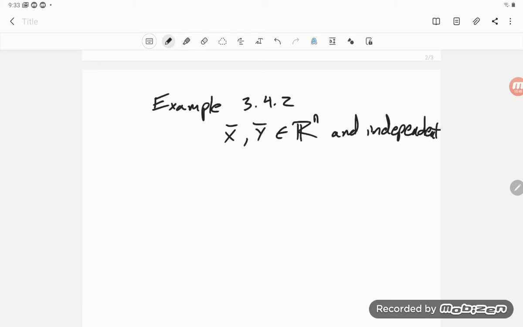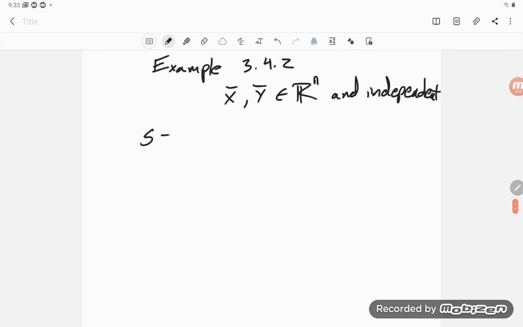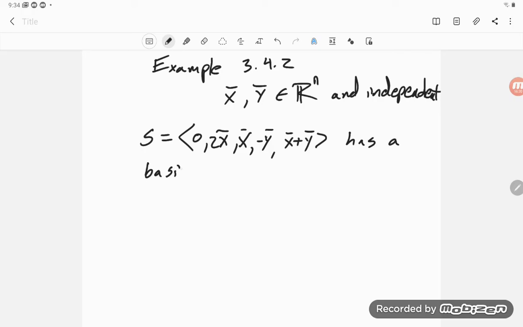Then they say that S equals 0, 2x, x minus y, and x plus y has a basis of 2x and minus y. Okay, so those two vectors.